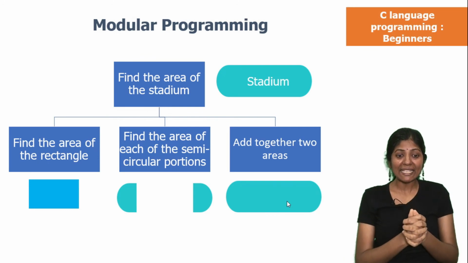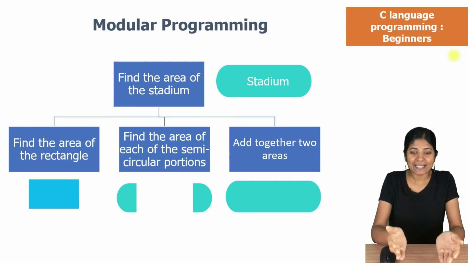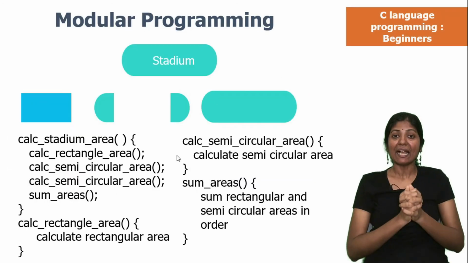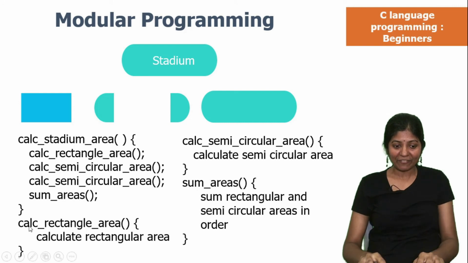We can achieve this modular programming using the concept of functions. Now, let's see a brief outline of functions for this example. Here, I wrote 4 functions to calculate the area of the stadium. First, we start from here because first we need to calculate the area of the rectangle.